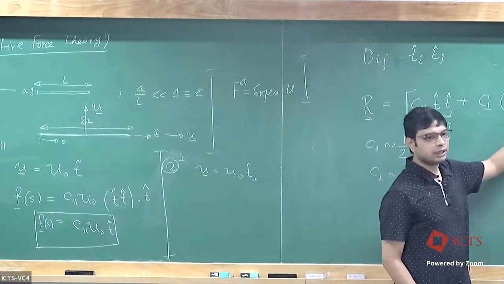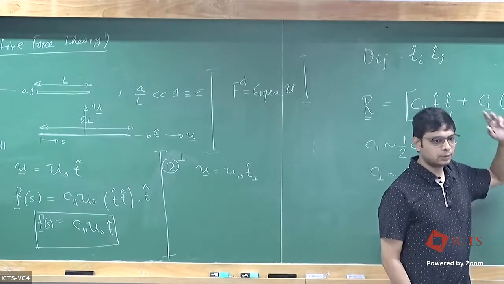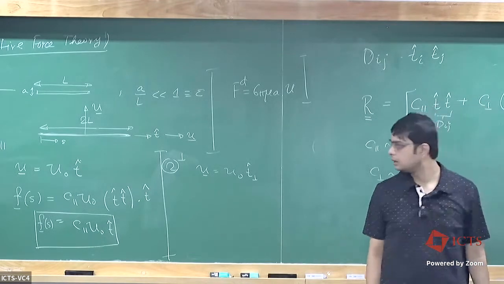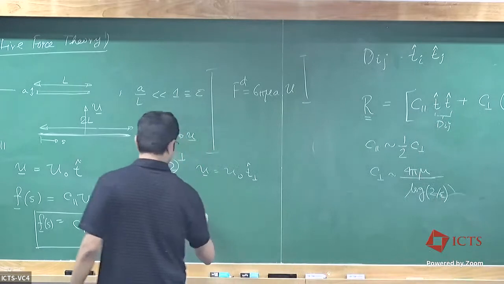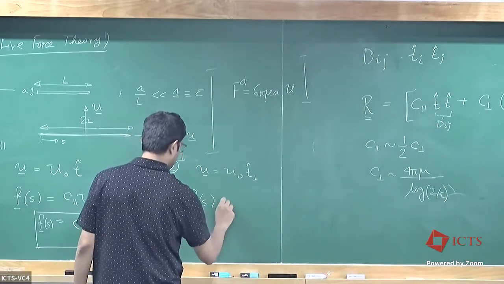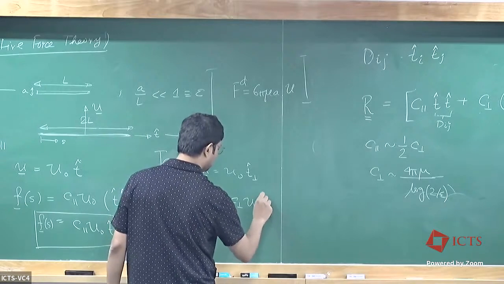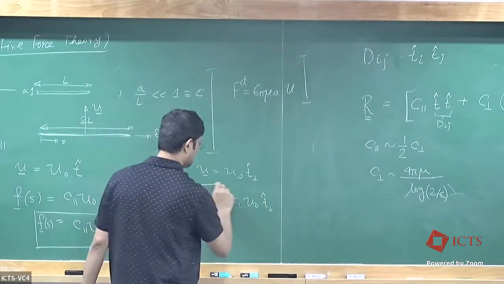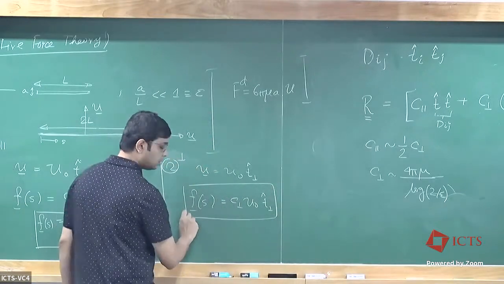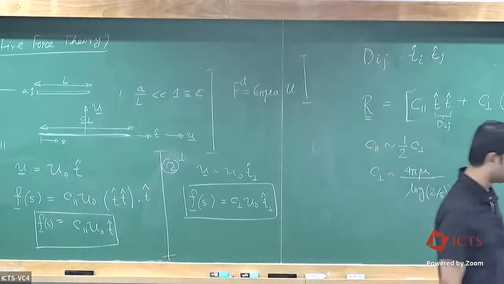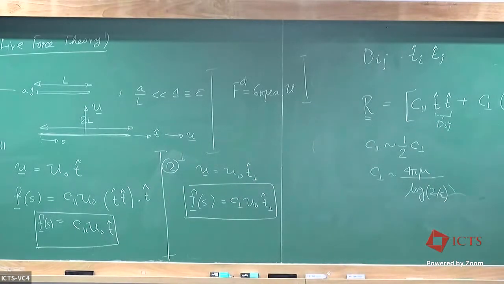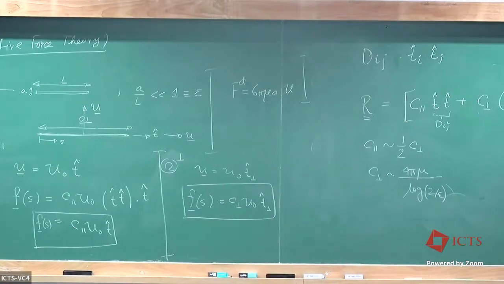And this is I minus x hat x hat, which is y hat, right? So this will just give me F is C perp u naught t hat perp. Is this okay? Is it okay with everyone?